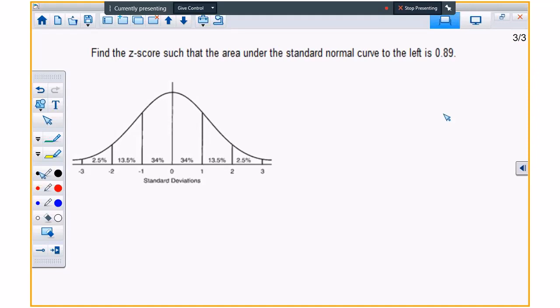Okay, we know that 16 plus 34 is 50. 50 plus 34 is 84.